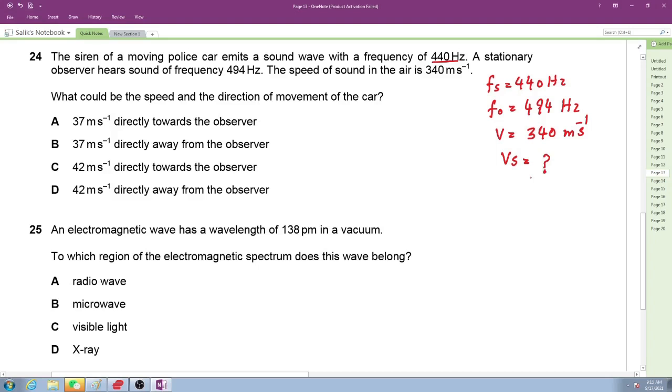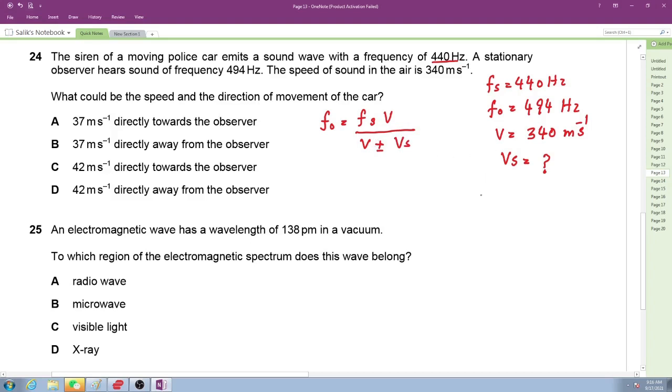There are two situations in this question. In your data booklet, second page, there is one formula: f0, the observer frequency, equals the source frequency fs times v divided by v plus or minus vs. First we need to decide whether the source is moving towards or away.